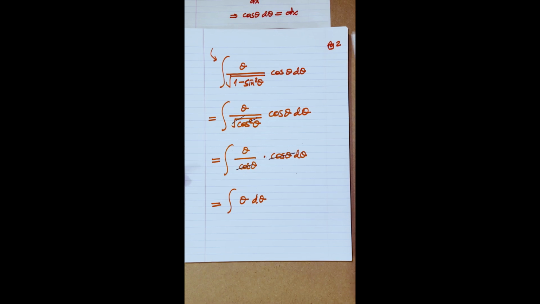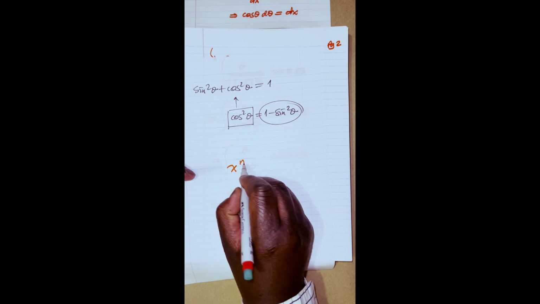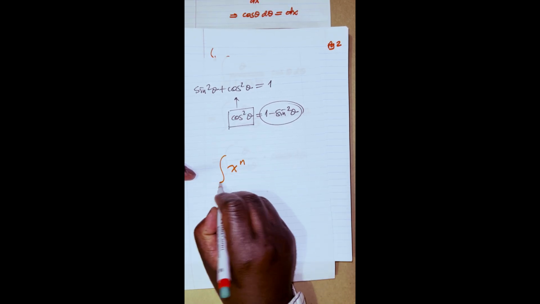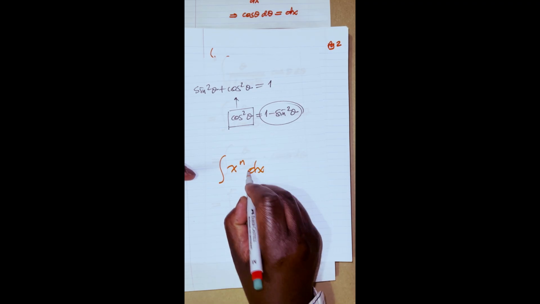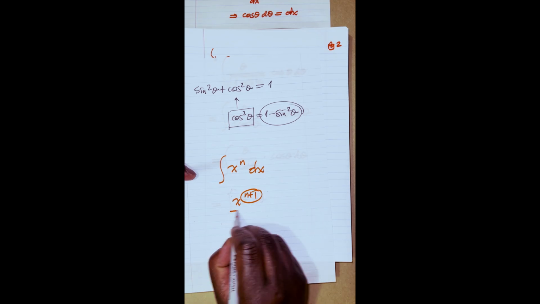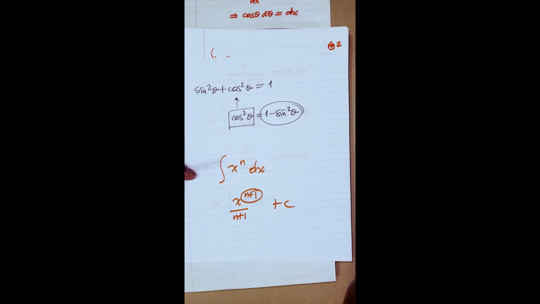Now I want to remind you of the power rule here. The integral of x power n dx is, power rule says, x to the n plus 1, we must divide by n plus 1, and then we have to add a constant if this is the only expression we are to evaluate. And so this is a power rule.